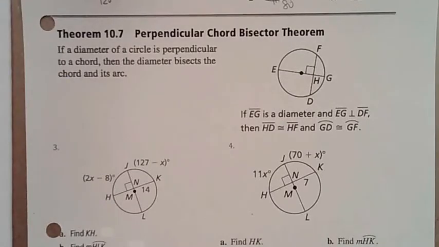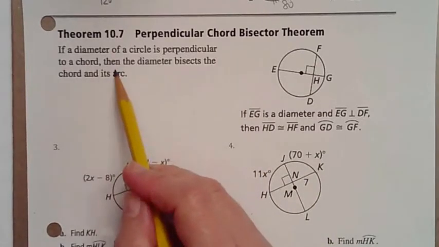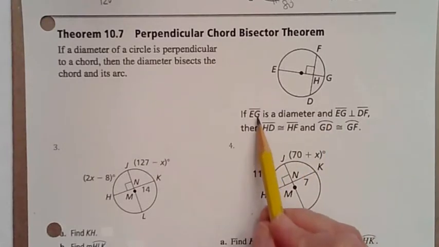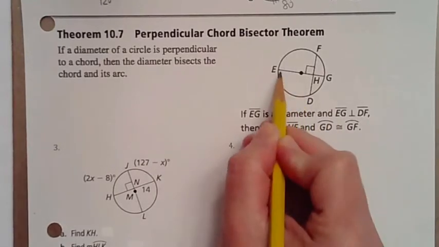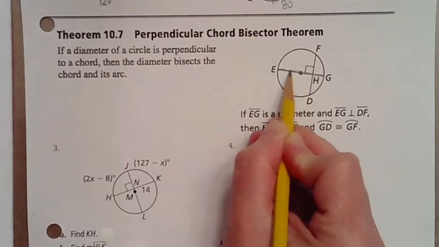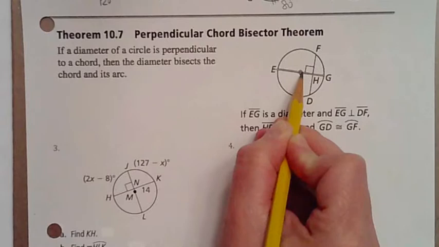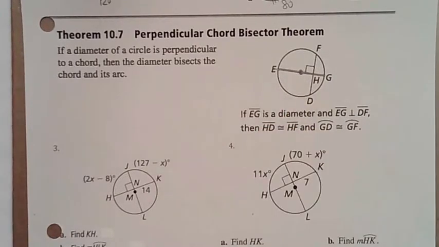Perpendicular chord bisector theorem. This one's another if and only if. Kind of works forwards and backwards, but they didn't write it that way in this example. Okay, so here, if you have this diameter, and by the way, we can have a diameter or a radius, just make sure you do touch through this center point.